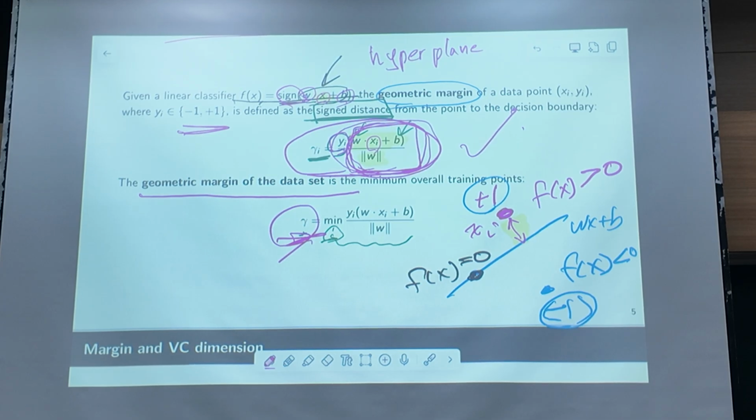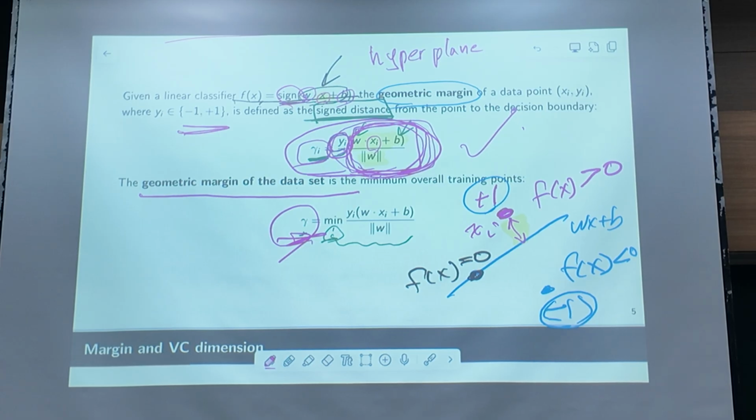So this will be a minus, and that will be a minus, so that will be a plus. This is not the prediction, but the signed distance. If it's on the right side and has the right label, then it's going to have a positive value. That's gamma. Gamma is the margin for data xi.